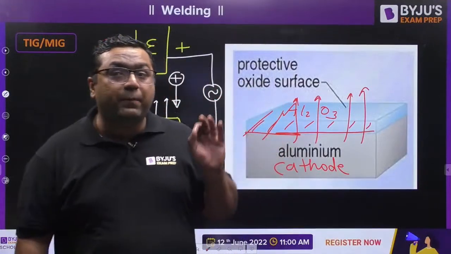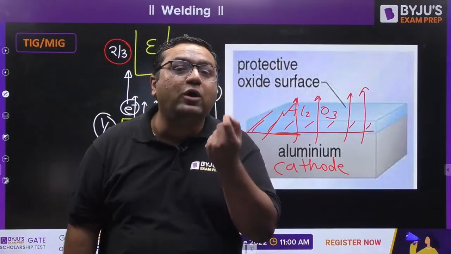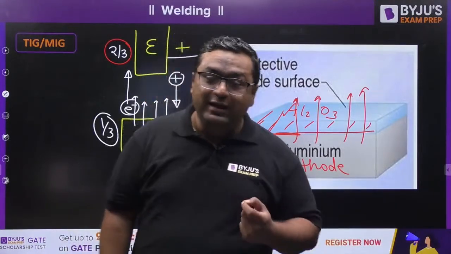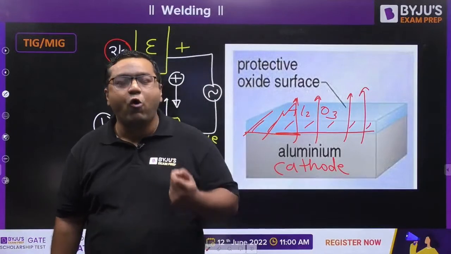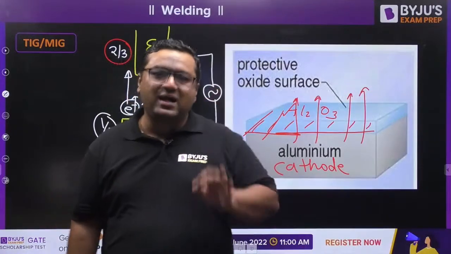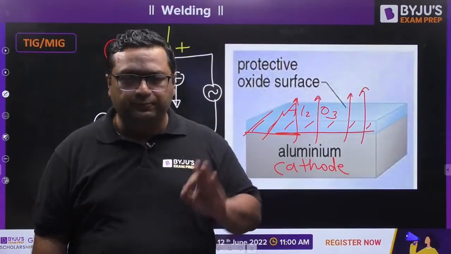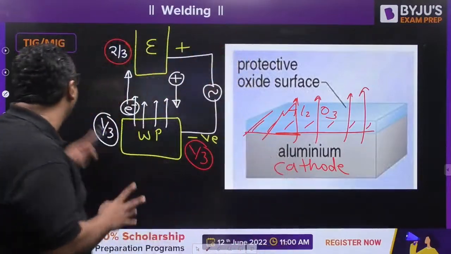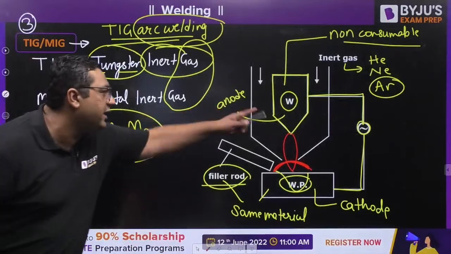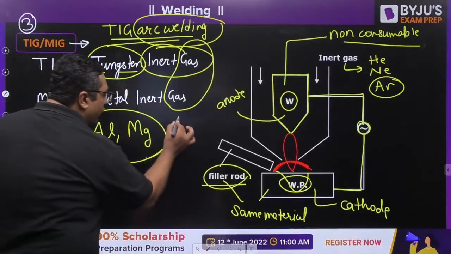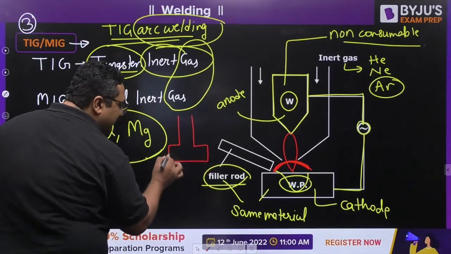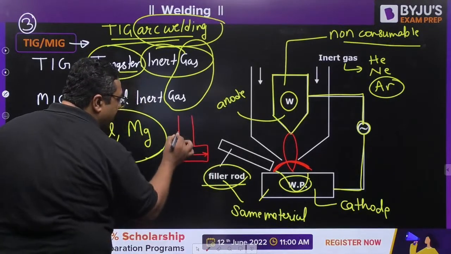We cannot bear even a small droplet of tungsten in the weld bead, because even a small droplet of tungsten can make the entire weld bead poor and brittle. So to avoid that, we are not making the electrode of this shape. We are making the electrode of this shape. Just look at it. And this surface diameter we are keeping.